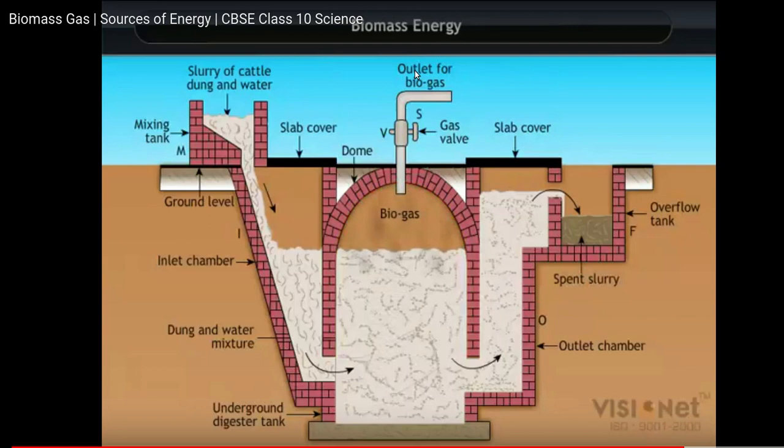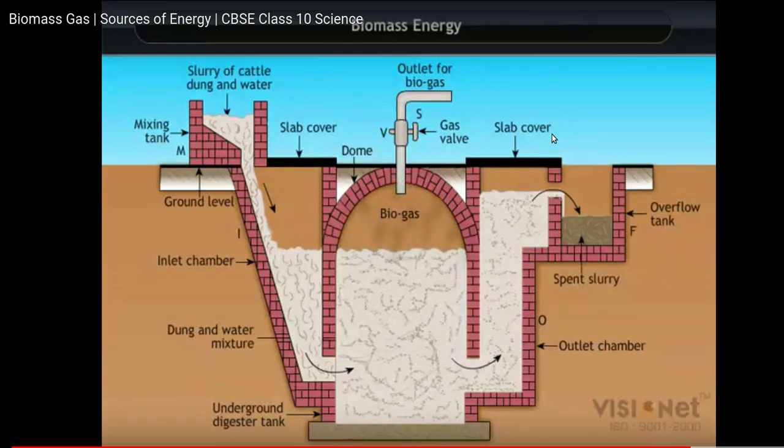After the biogas is created, the spent slurry, which means there is no more biogas in it, gets pushed out into this overflow tank. From there, this slurry gets used as manure, which is like food for the plants.